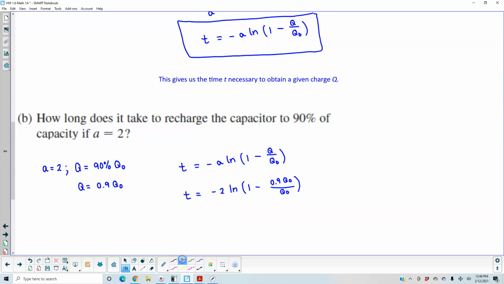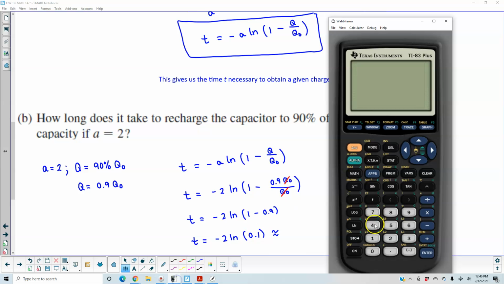What that does is eliminate the q subscript 0. So now we have t, which is equal to negative 2 times the natural log of 1 minus 0.9. So t is going to equal negative 2 times the natural log of 0.1.